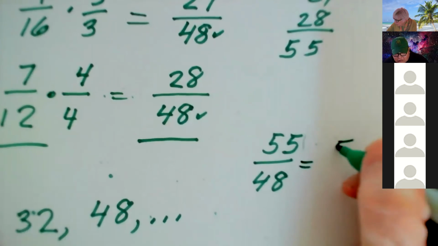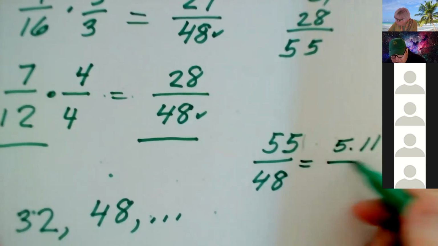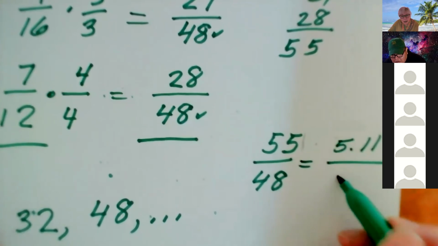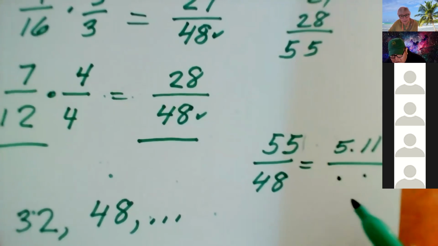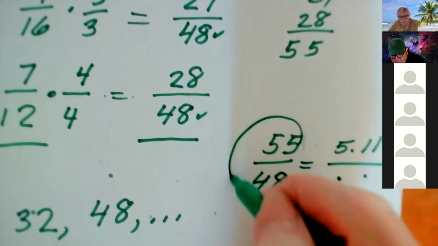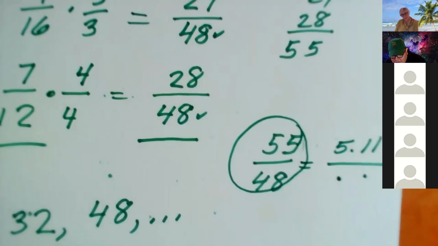Did you see what I was saying? 55 is 5 times 11. If I don't have a 5 in this factor and I don't have an 11, then that means this is done. It couldn't be reduced anymore. We don't have a common factor anymore. How's that? That's a little bit pushy, but that's what I'm interested in.